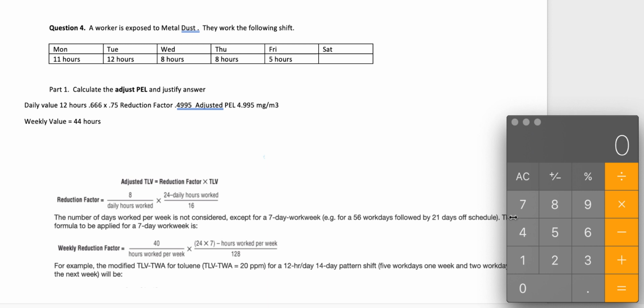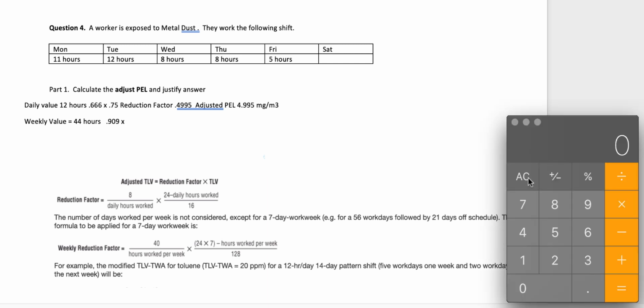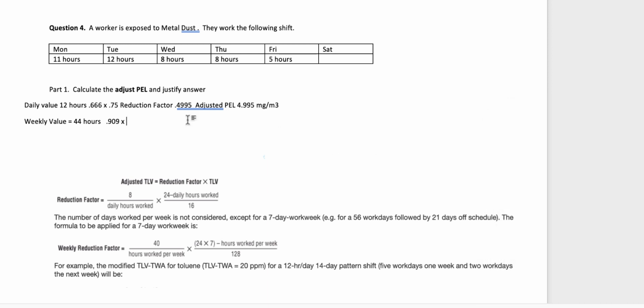So let's take a look at that one, which would be 40 divided by 44 is 0.909 times the second part of the equation, 0.968.